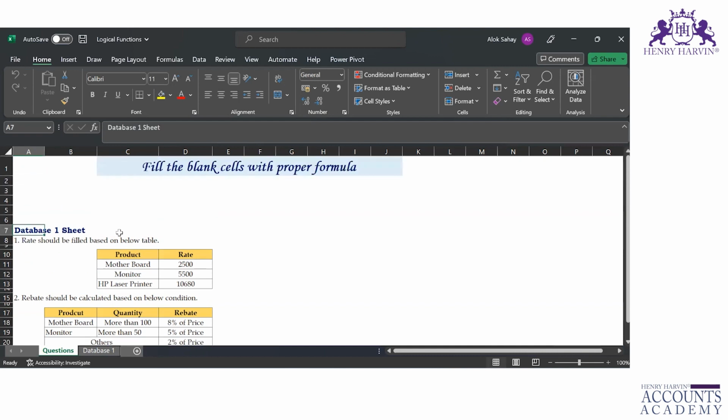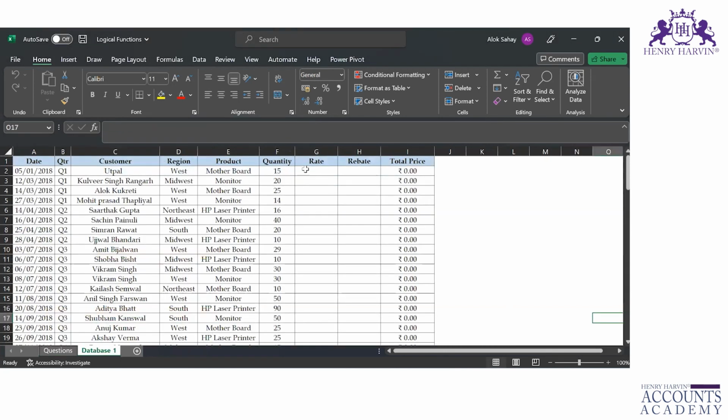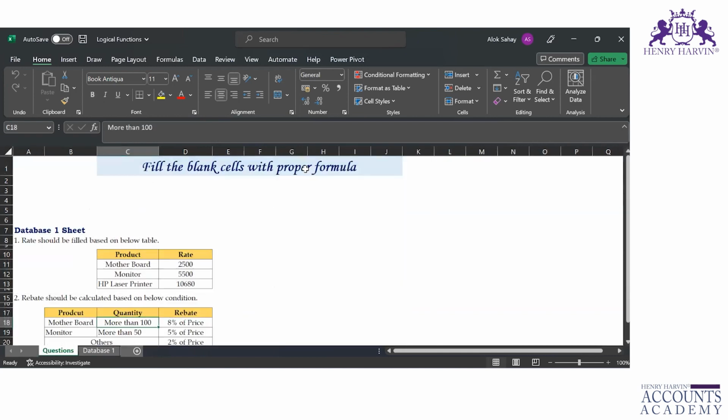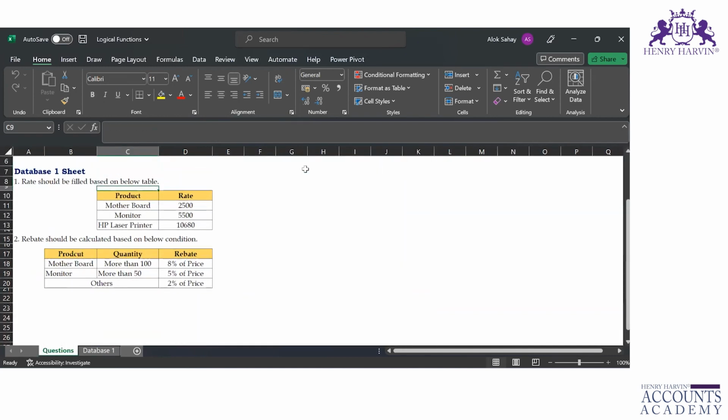Now here the task is to fill the blank cell with the proper formula. So basically here you can see that we have a database sheet. Within this database, we need to fill the rate and rebate, both the things. Now the rate and rebate we need to fill on the basis of this scenario.